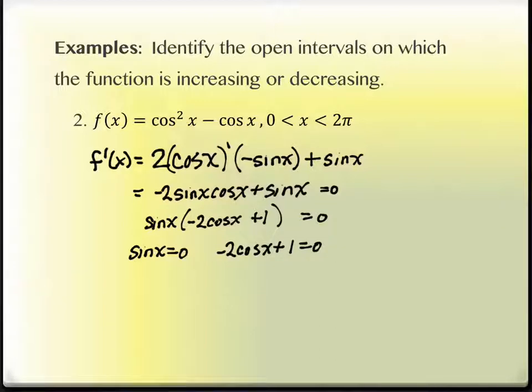You guys solve stuff like this in trig. So the first one, sine of x is equal to 0. That one's pretty clean already. I don't need to move anything around, but I can think about the unit circle with sine.